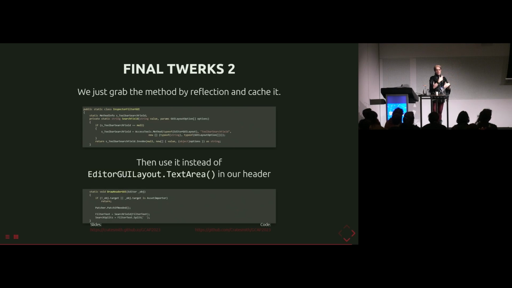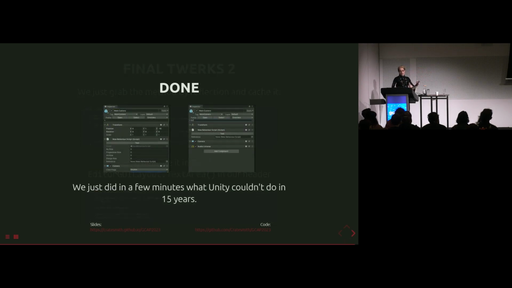That will significantly reduce the call cost of it, but it still costs a bit, but we're not doing the lookup every time. And then we change the header GUI to call that search field function instead of the text field. And bam, we now have something that looks exactly like the filter search boxes for everything else in Unity. So hopefully people will recognize it. And yeah, we just did in 15 minutes what Unity couldn't do in 15 years. So.